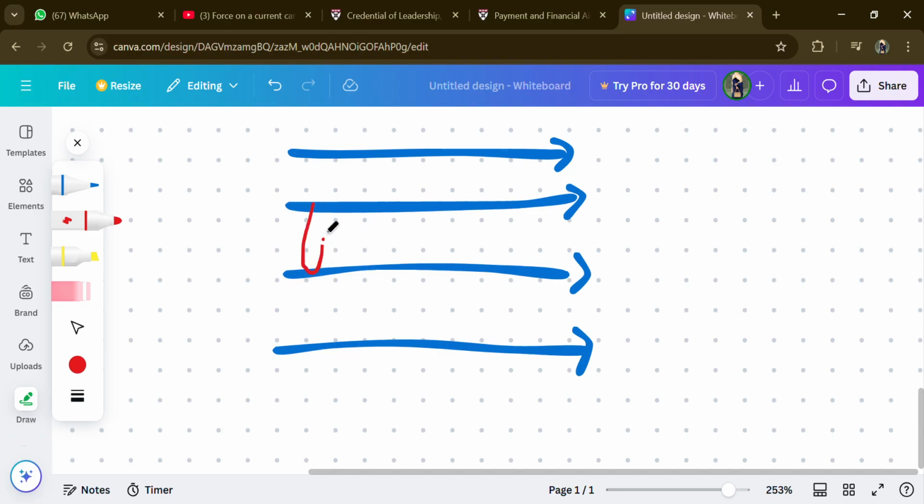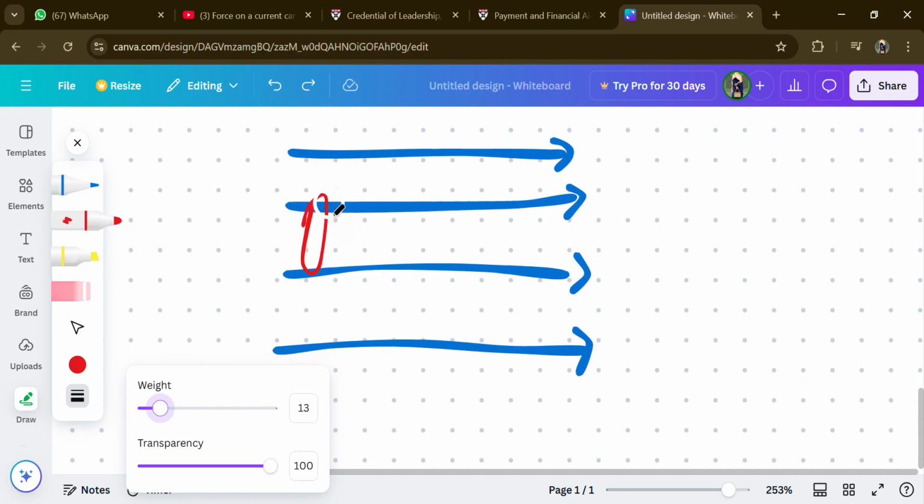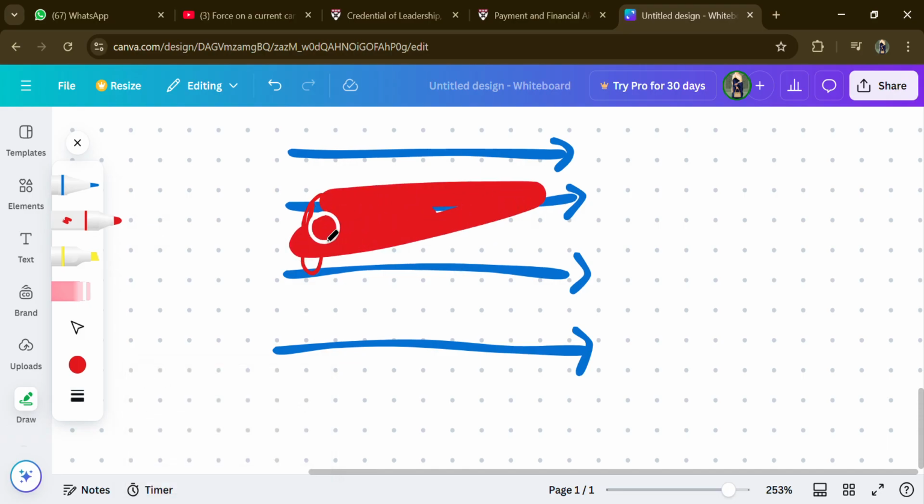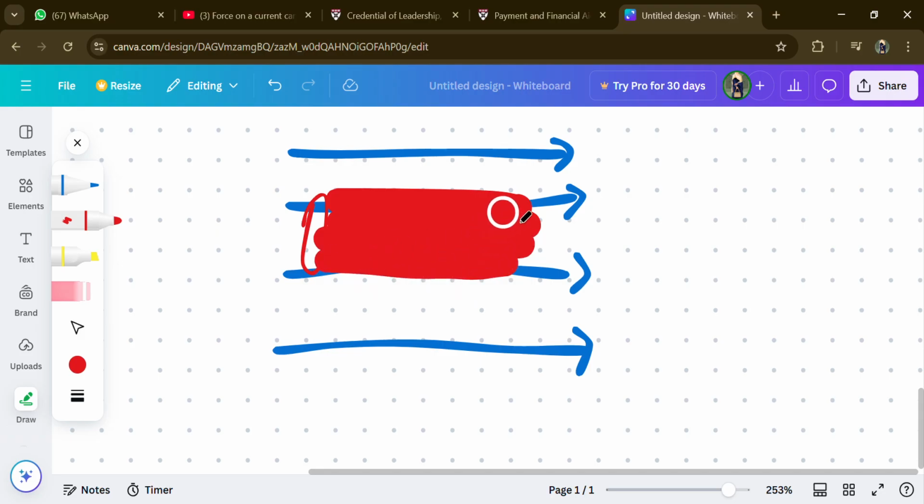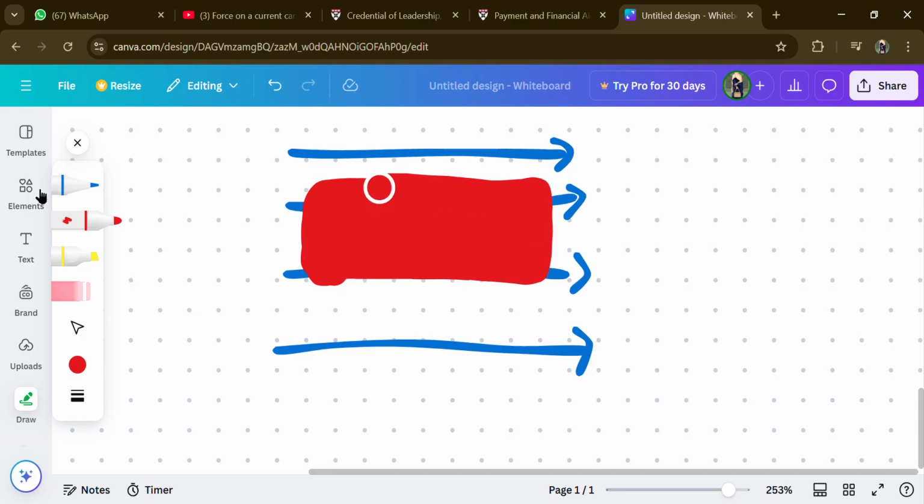This is a conductor, let's say it is a conductor that is placed within this magnetic field.